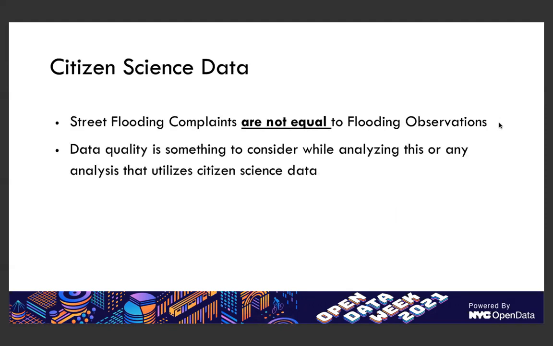And just a quick point about citizen science data. We are analyzing NYC's 311 data. Street flooding complaints are not equal to flooding observations. So what does this mean? Street A has complaints of 50. Street B has street flooding complaints of 45.